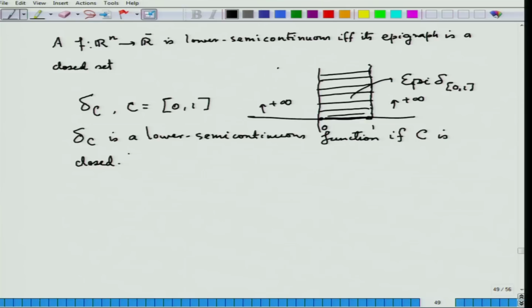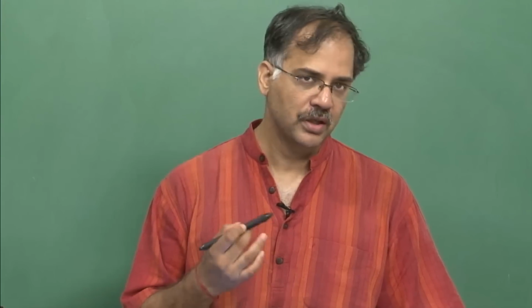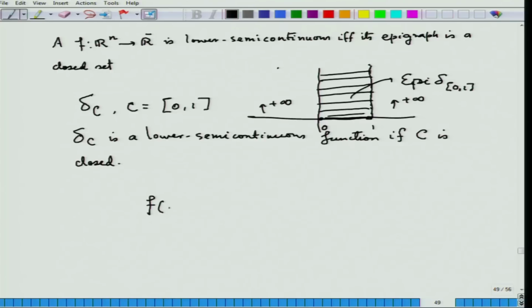Now, I have given a very geometric definition of lower semi-continuity, but there is also a more mathematical definition, but looking at the audience, I would not like to put it. But for those who are mathematically oriented, I just want to remind them, if it is lower semi-continuous at x, this is what it means.